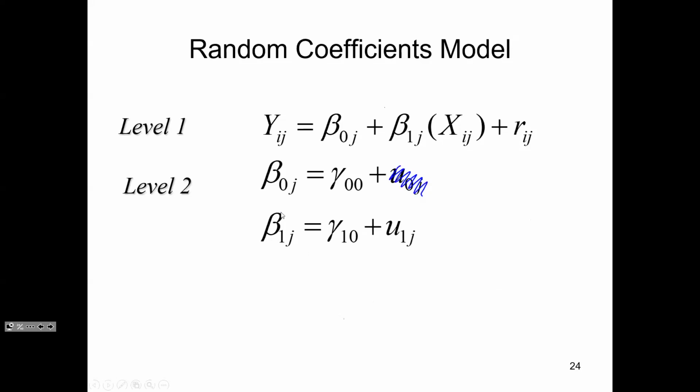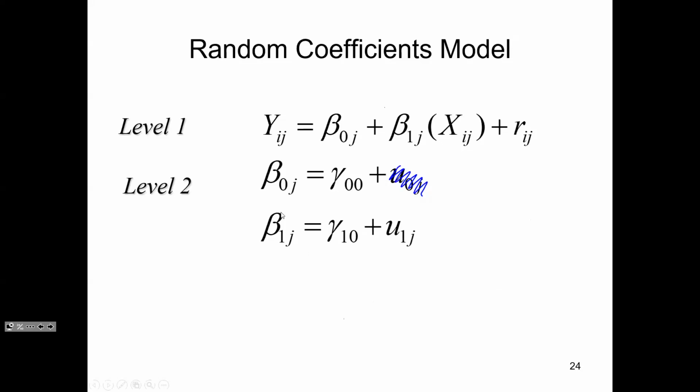So actually, in this case, we don't have different intercept values for different clusters because I took away the U sub naught j. So I took away the ability for the intercept to actually vary across the clusters. It is that U sub naught j that gives the ability to have different intercepts across the different clusters. So if I take that out, then I don't have randomly varying intercepts anymore.